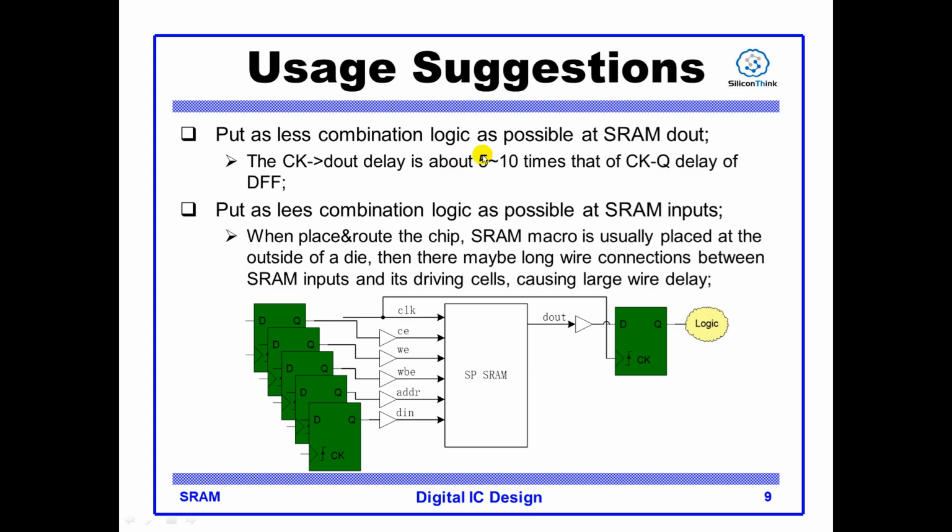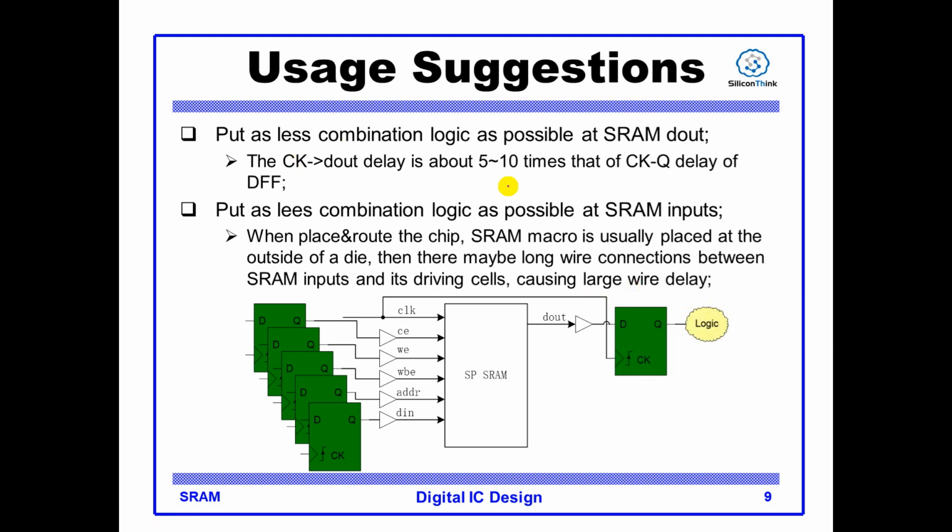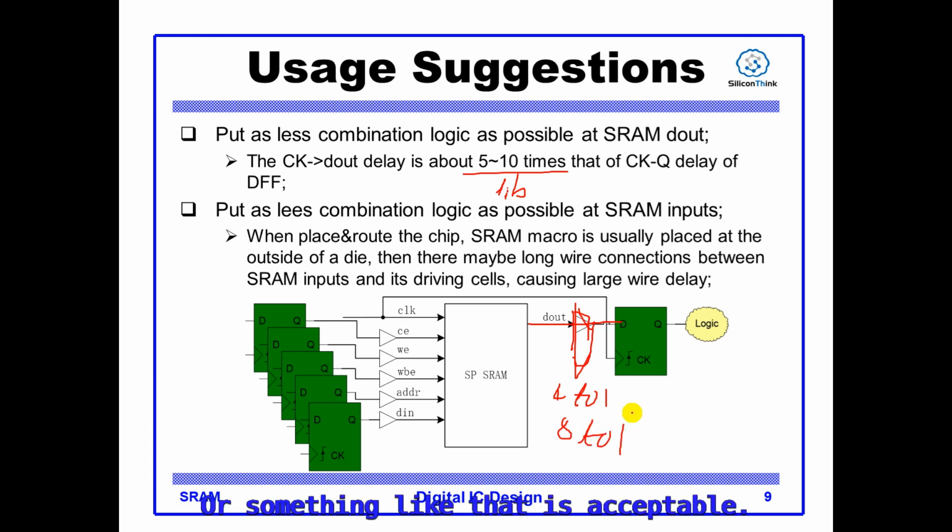For this CK2D out delay, you can check the library of the SRAM macro for the detailed value. Typically, there may be no combination logic, just wire it to the output, or you can put a 4-to-1 mux or 8-to-1 mux or something like that, which is acceptable.